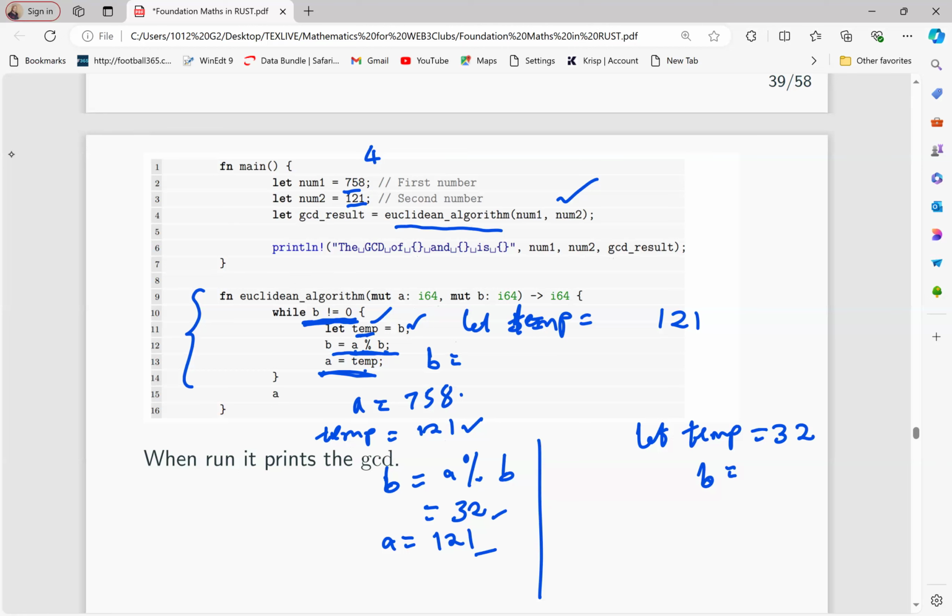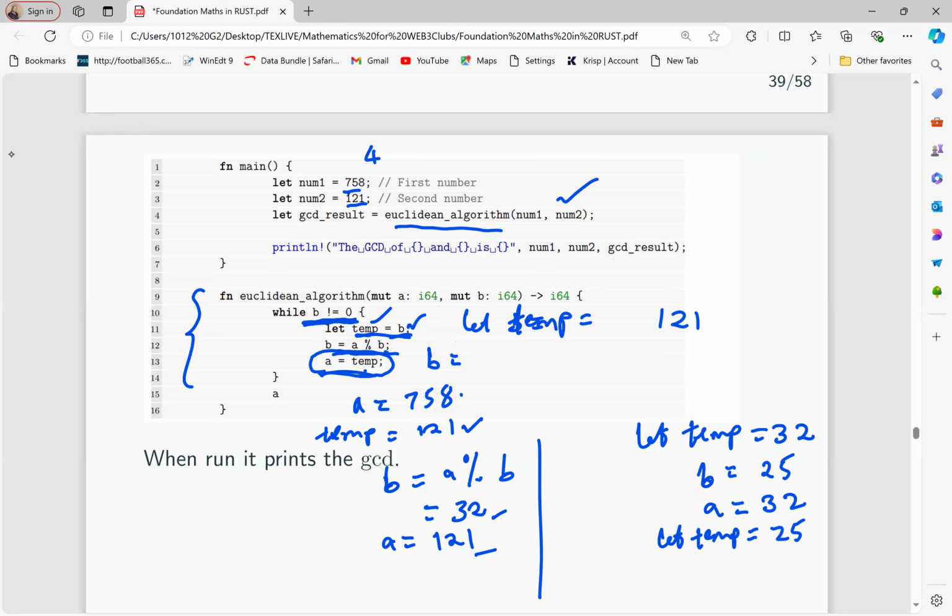I don't know whether I've done it properly. The remainder is 25, so this is our B. What about A? A equals the temporary number that was there, which was 32. So this is how this function is working. Again, our B is not 0, so the loop says we continue. Let our temp this time be 25.